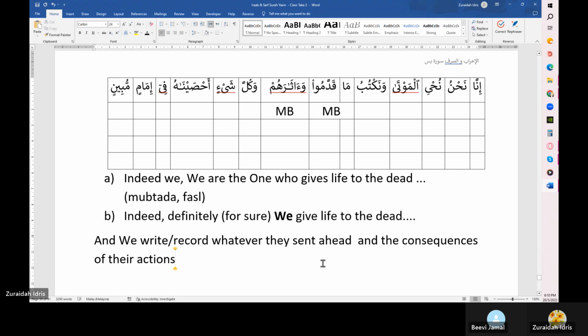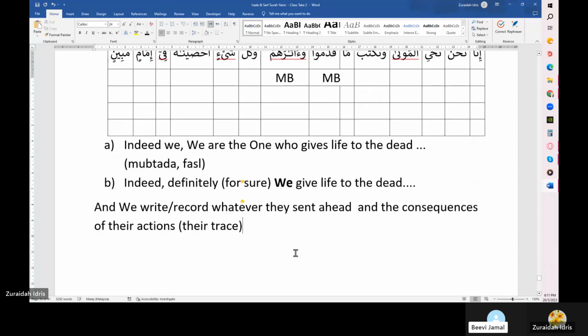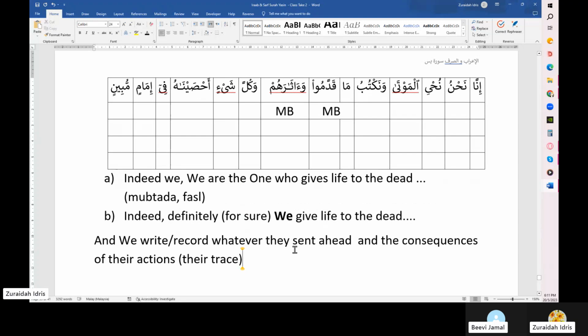But then if we should say their traces, we can also say their traces in the world, right? I mean, it's not like we have to signify that it's going to be what is left behind in the world. So we have that meaning. If we say whatever they sent ahead, and the consequences of their actions, the consequence can be in the akhirat, right, or in their kubur.